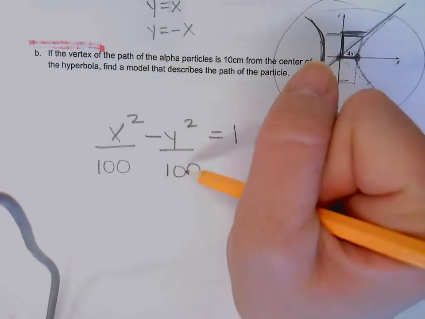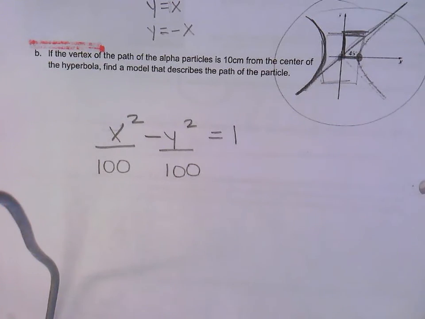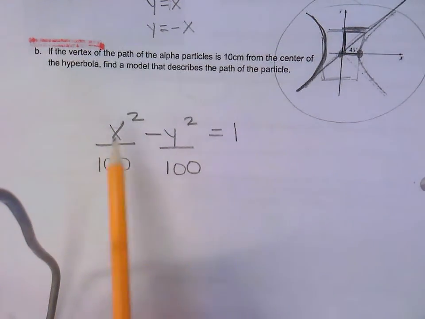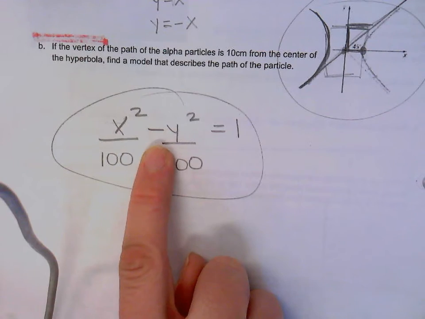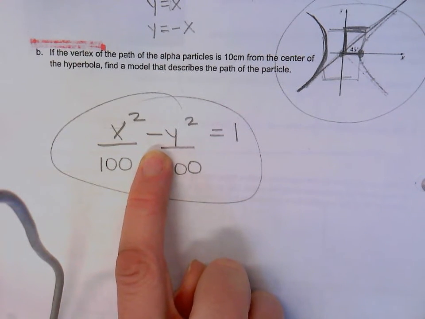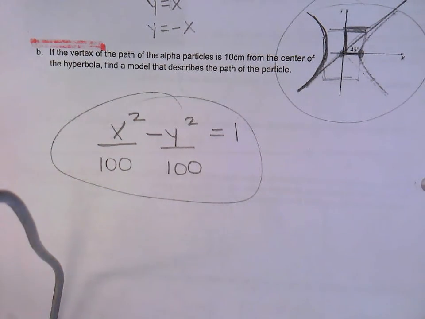So the B value is also 10, so 10 squared is also 100. This is not a circle, right? There's a minus sign. If it was a plus sign, it would be a circle, but the minus sign is a very significant part of your equation. So that's why I'm going to be a stickler in your equations on your quiz. If you're missing the plus or the minus sign, that completely changes what type of conic you have.